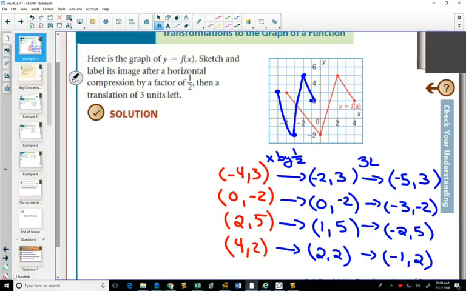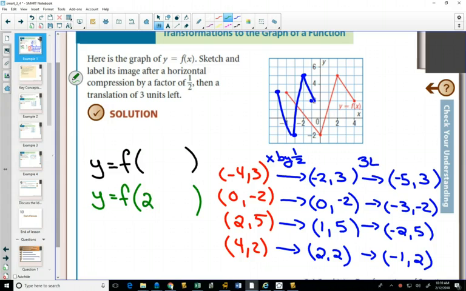So x by a half, both of these things will be inside the function. There's my black equation with something inside the function. There's my green equation with something inside the function. X by a half, that's going to show up as a 2 inside my function. 3 to the left is going to show up as a +3.